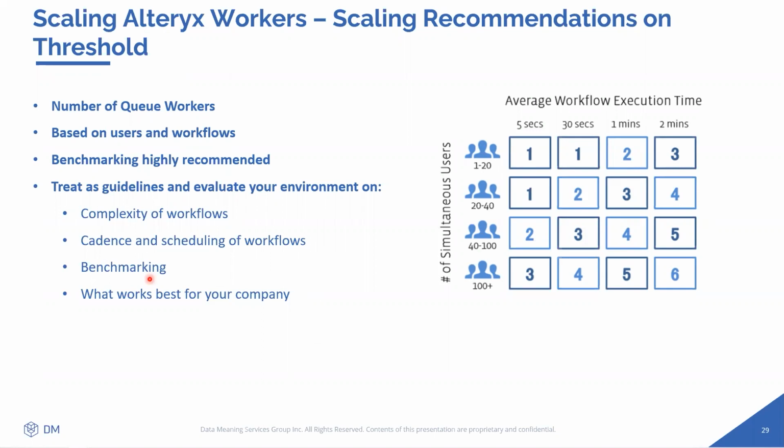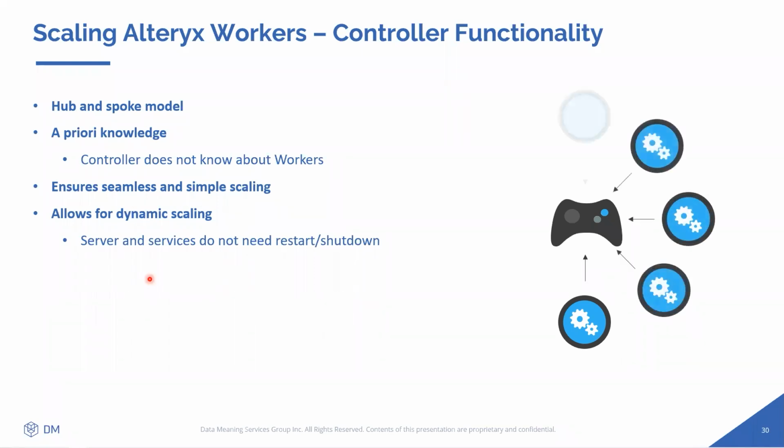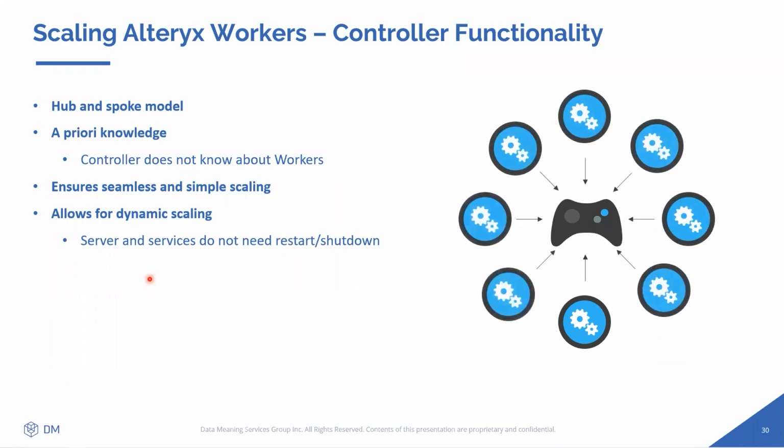Right? So one thing that's great about the controller is that it's a hub and spoke model. What does that mean? It means that the controller has no idea about the workers. So you can have multiple workers attached to that controller. The only thing you actually need is the controller token, and it's the worker that is doing all the requests.